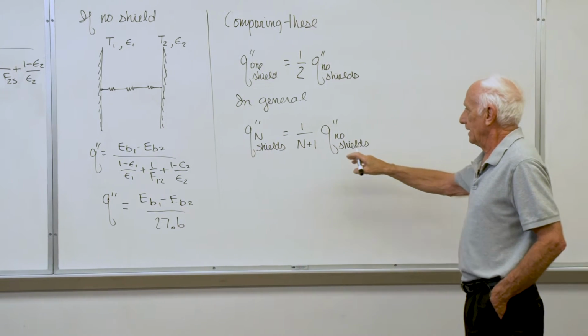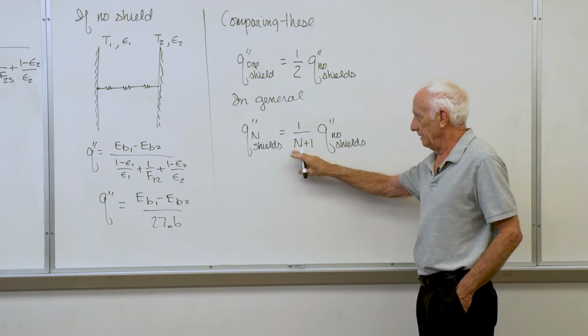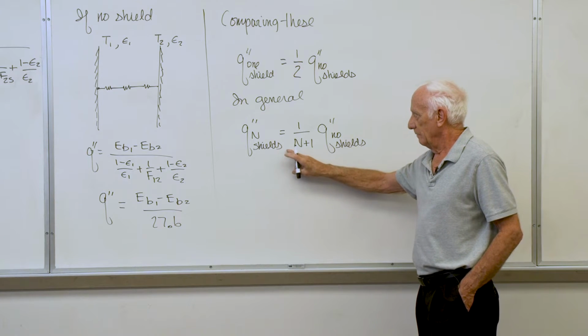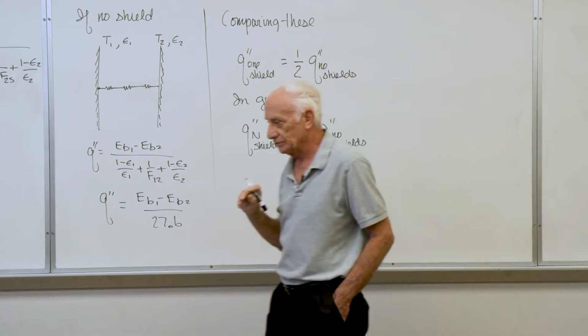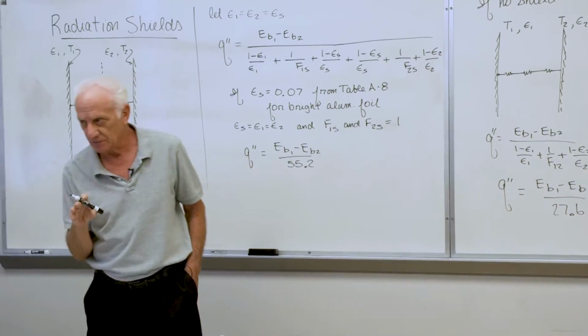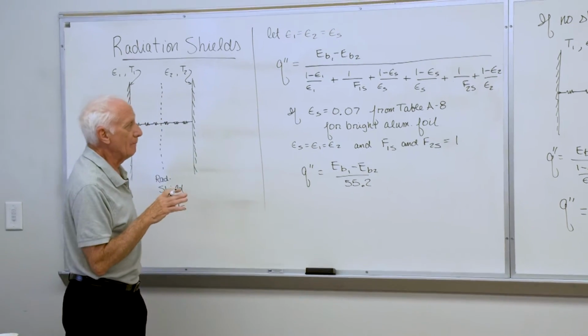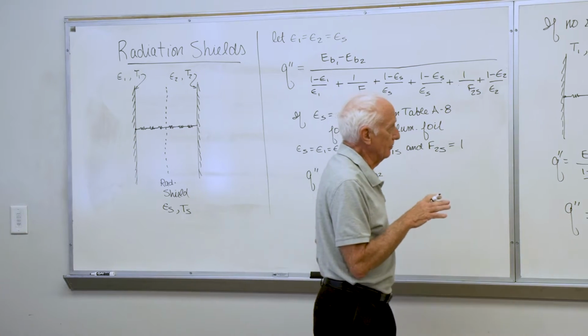Well, you can see how much that cuts it down. If there's 29 shields, then Q double prime with the shields is 1/30th of Q double prime with no shields. You cut it down by that factor, 1/30th of the heat transfer with no shields. So, big difference. That's what radiation shields do for you.